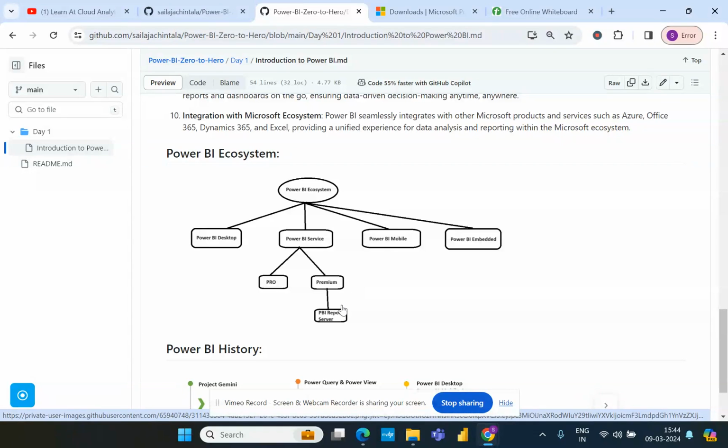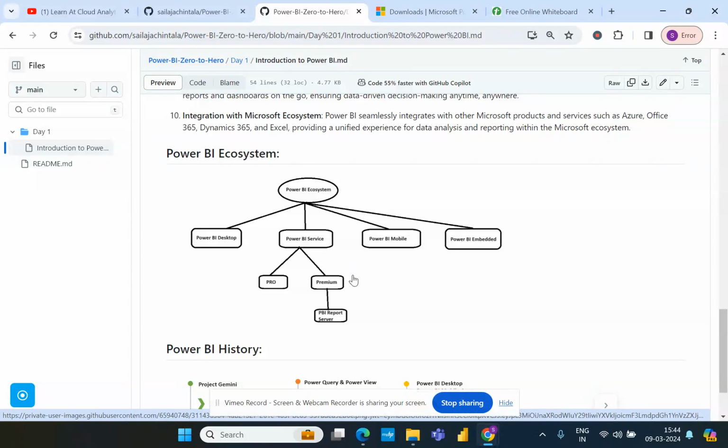The other one is the Power BI report server. So let's say that Power BI online or Power BI service is a cloud SaaS product, right, which is an online product.